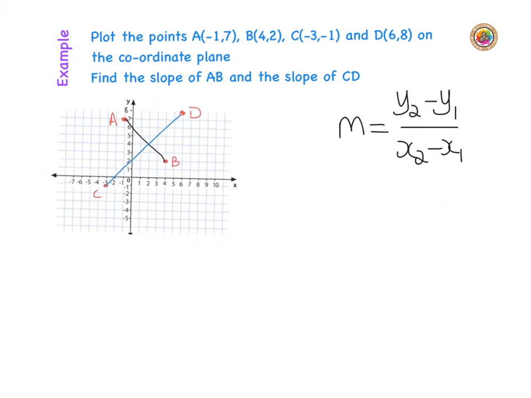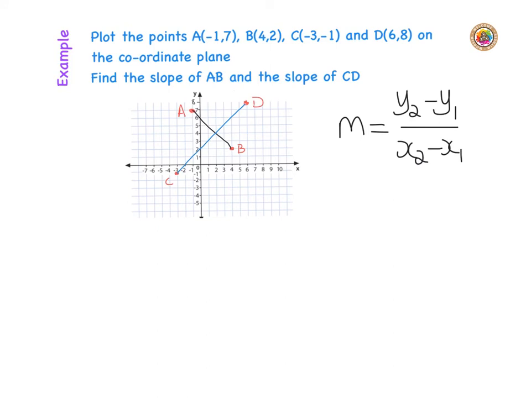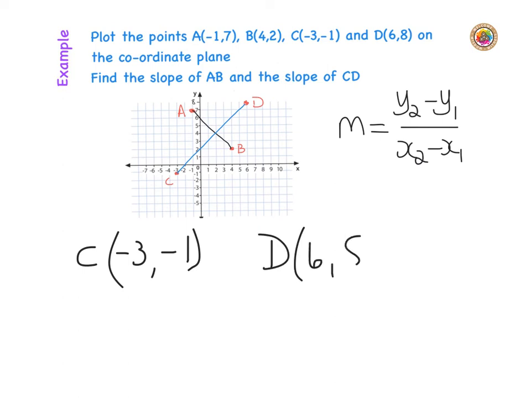So I'm going to write the points C, and the point C is -3, -1. The point D is 6 and 8, and I'm going to label them. So this is going to be x1, y1, and this one is x2, y2.